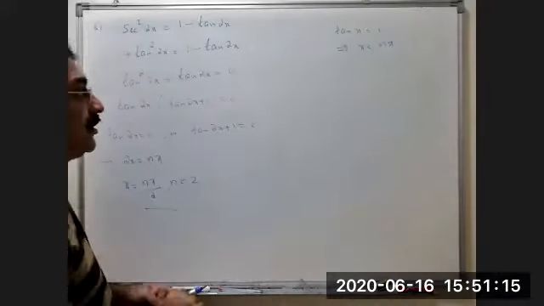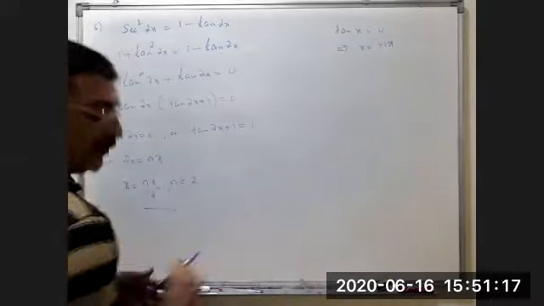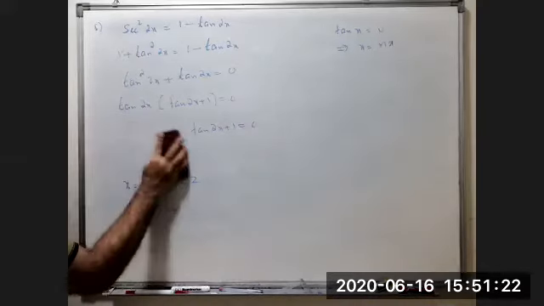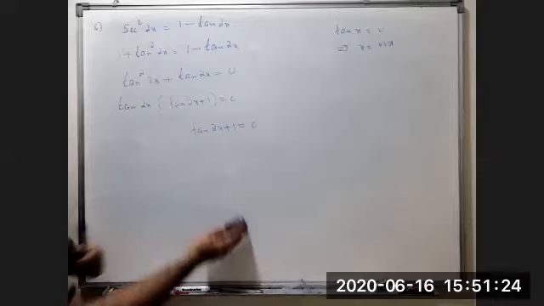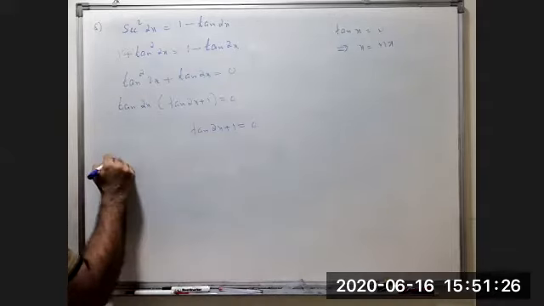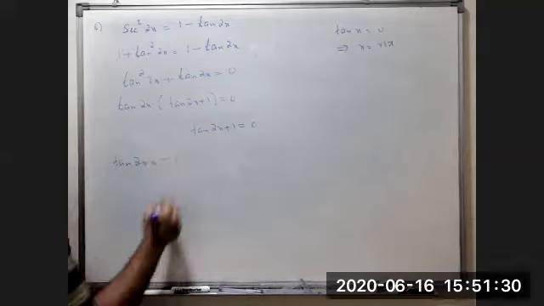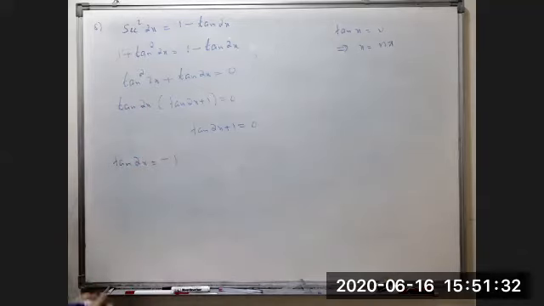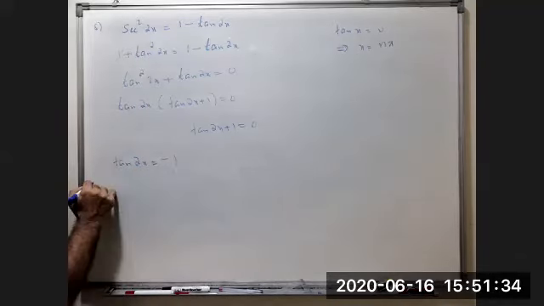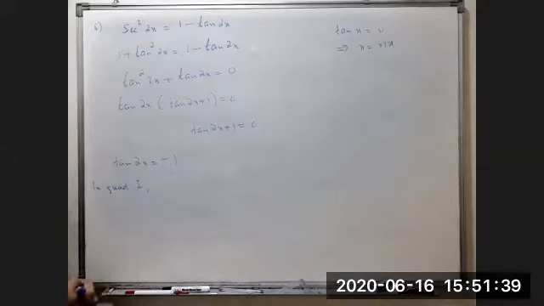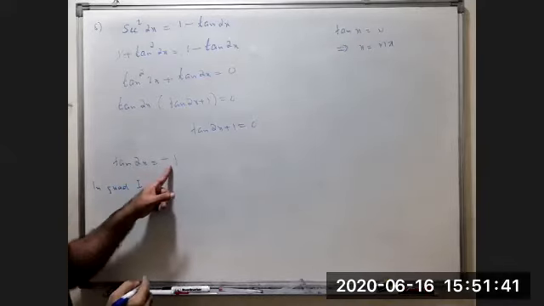Now second part. What is second part? Okay, first part you have completed. Now, second part is this one: tan 2x is minus 1. If tan 2x is minus 1, in quadrant 1 we take the numerical value.